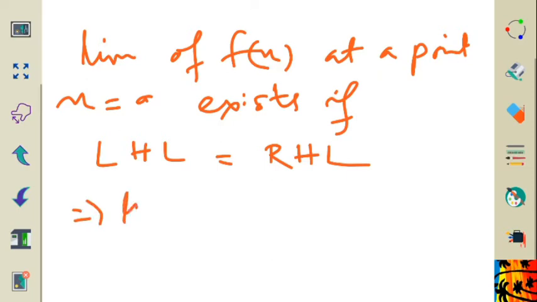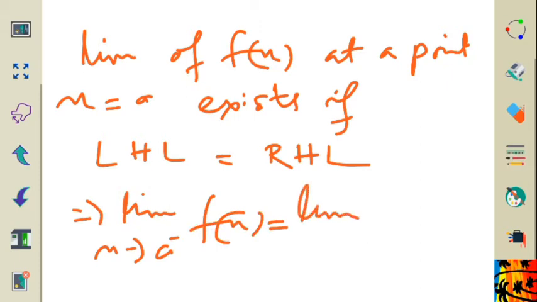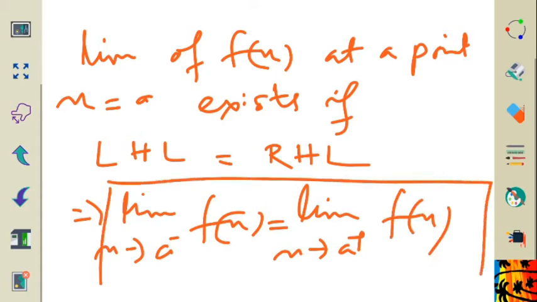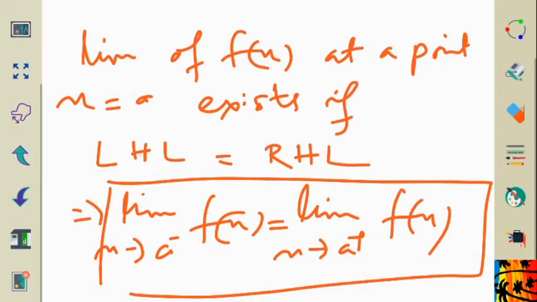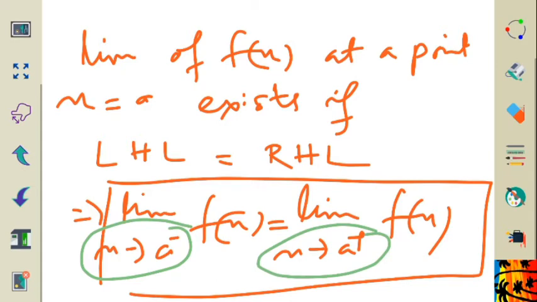That means I should write limit x tends to a minus f of x must be equal to limit x tends to a plus f of x, right? So this is the basic condition under which the limit is said to exist, right? So x tends to a minus stands for LHL, okay, and x tends to a plus stands for RHL, right?